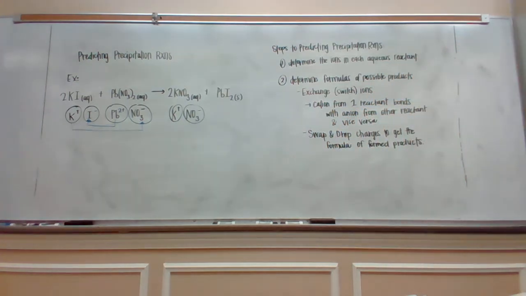Alright, so we're going to switch ions, so the cation from one reactant bonds with the anion from the other, and vice versa. Then to get the formula of the products, I'm going to swap and drop charges.